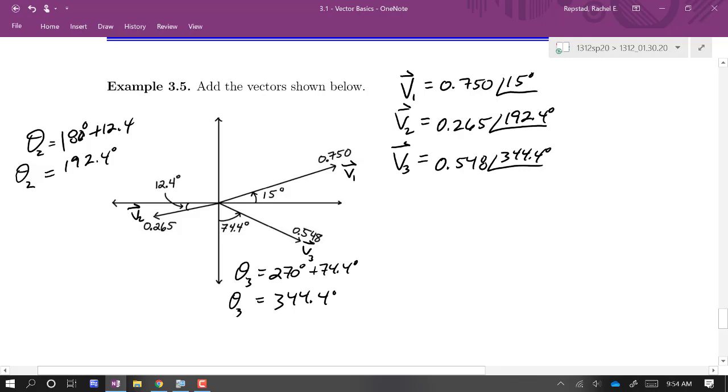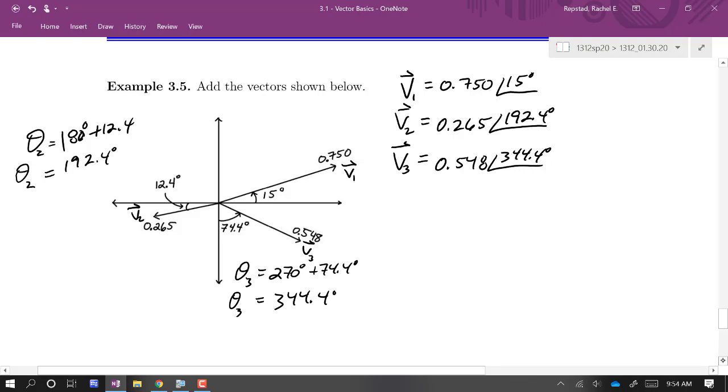We're going to add them up. That procedure that we use to add two vectors works no matter how many vectors. The x component of your resultant vector you just get by adding up all your x components. I could add 10 vectors. I just find all 10 x components, add up the 10 x to find rx. Find all 10 y components, add them up to get ry. So we're going to do this with 3 vectors.